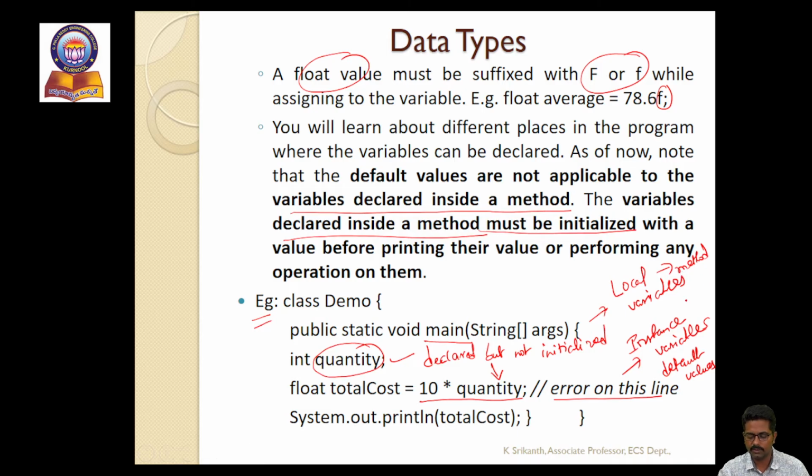For these variables there are no default values, and you have to give some initial value to them. In this example, it is very clear that quantity doesn't have any initial value, and you want to perform a multiplication operation with 10, and the quantity value is not known to the compiler. That's why we get an error that quantity is uninitialized.